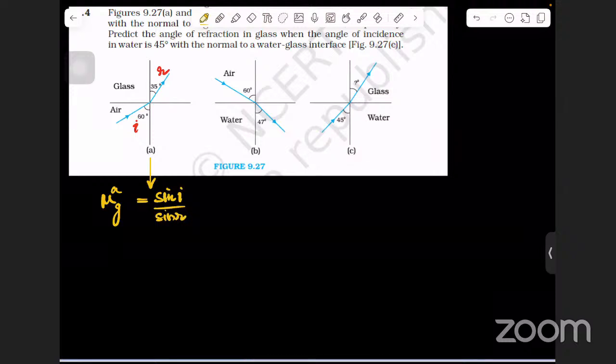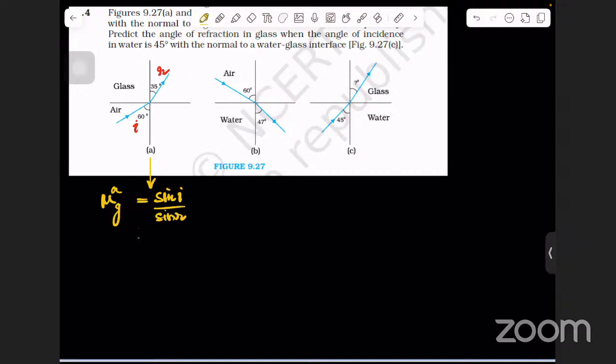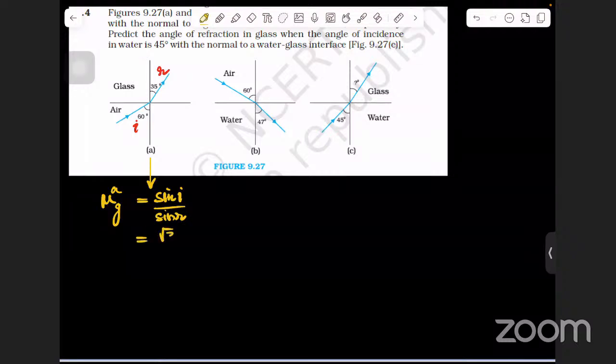You have sine 60 and sine 35, right? Sine 60 is root 3 by 2, and sine 35 is 3 upon 5, right? And if you put the values and solve it in the calculator, it comes out to be 1.51, right?